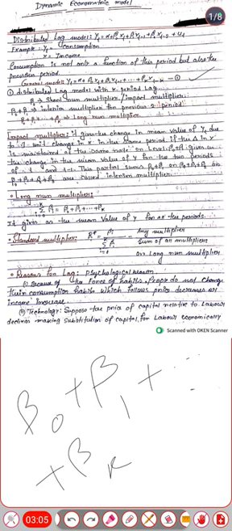So beta naught and beta 1 is an interim multiplier for two periods, and beta 0 plus beta 1 plus up to beta k is the long term multiplier. It can be considered as a long term multiplier.